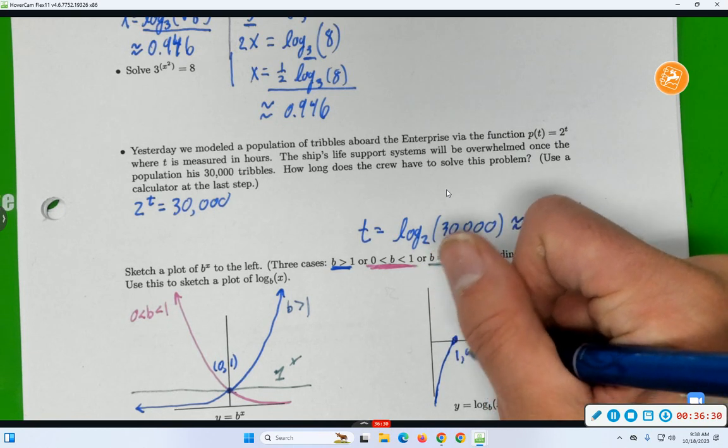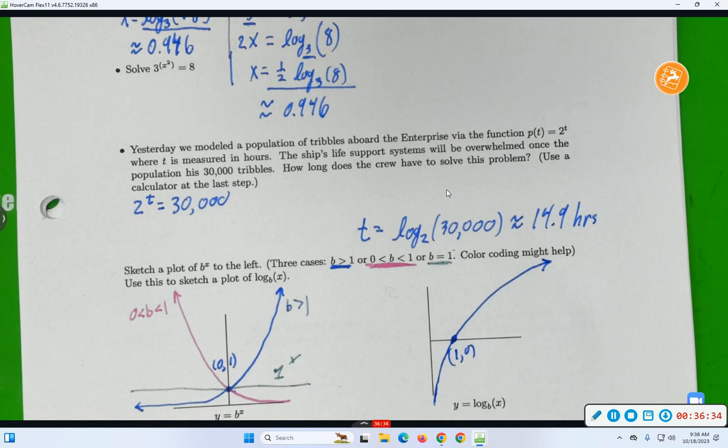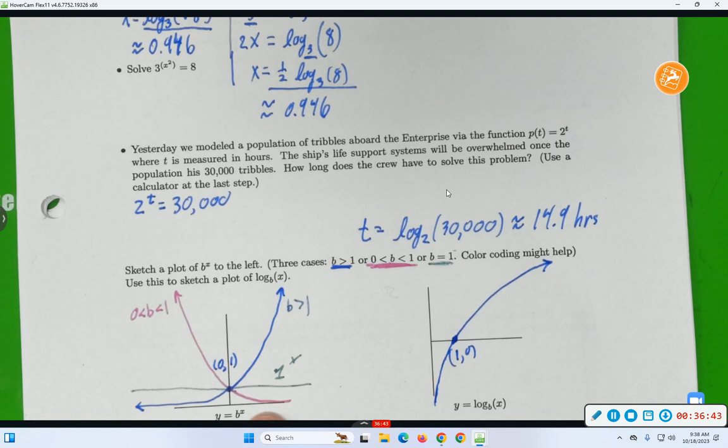Goes to the point (1, 0). Goes like that. It looks roughly like log base 2. The pink graph is basically the same as the blue graph reflected over the y-axis. Flip the roles of x and y, now you'll be flipping over the x-axis.